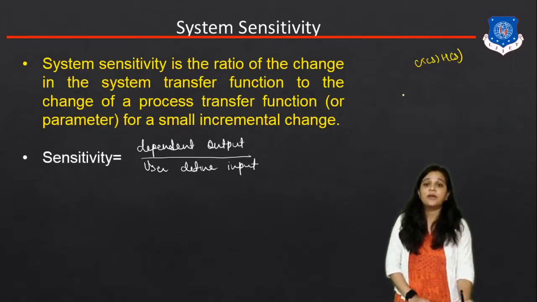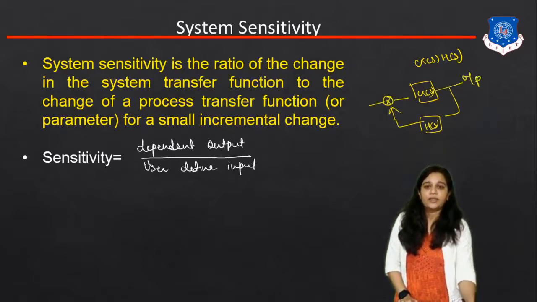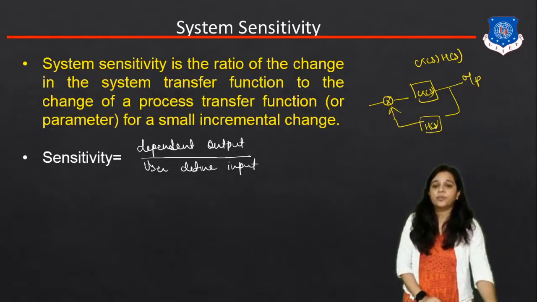If we consider a closed loop system where G(s) is the forward path and H(s) is the feedback path, and we apply a particular input, then whatever output we get, we can decide the sensitivity of this system.